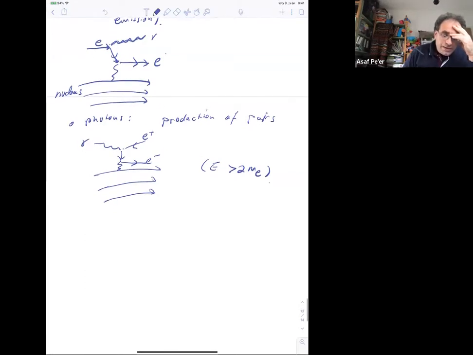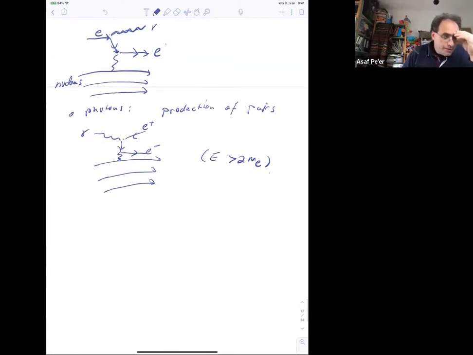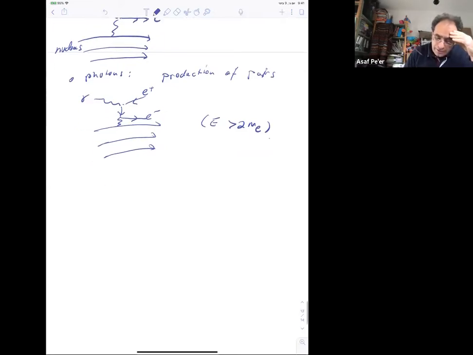Now, typically, we say that the energy of the initial particle, we call it E, is E0 times exponent of minus x over x0, where x0 is the radiation length. E0 is the particle energy.